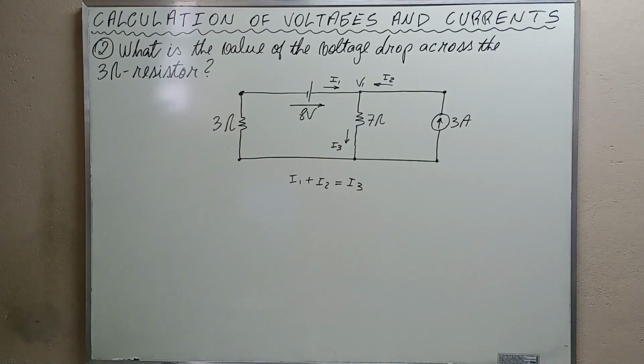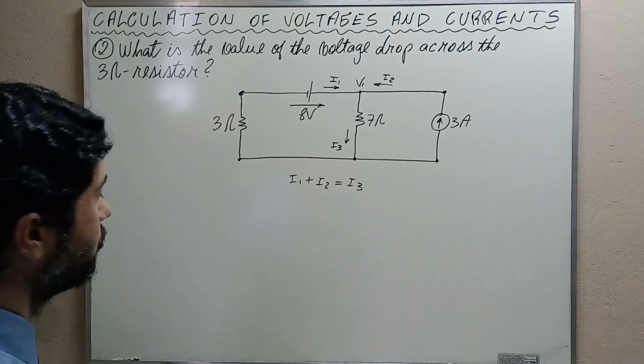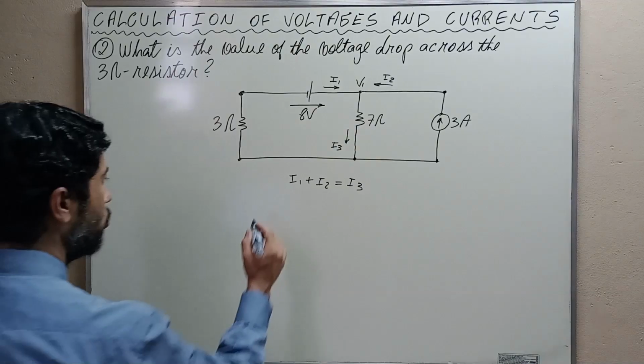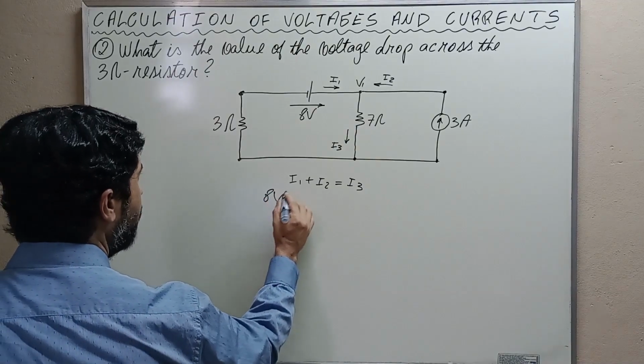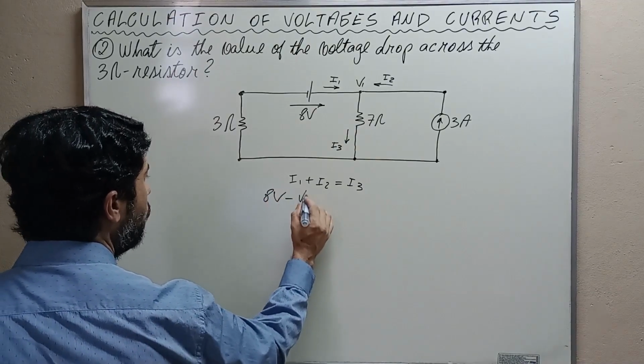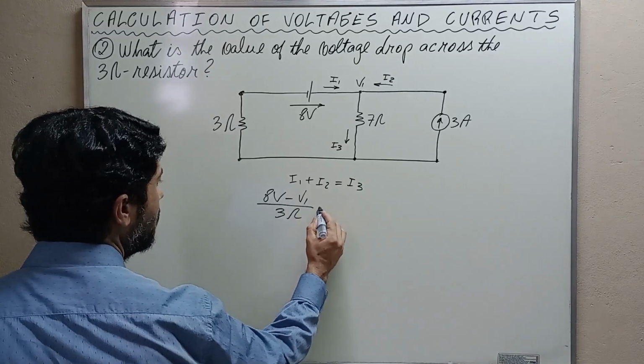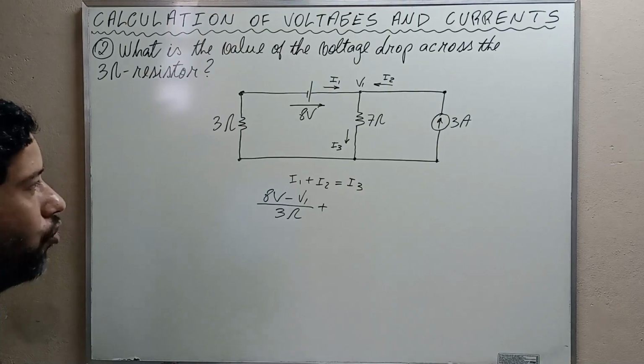Now we have to write the currents in terms of voltage drops and resistances. How can we write I1 in terms of voltage drops and resistances? I1 is equal to 8 volts minus V1 divided by 3 ohms. And how about I2?